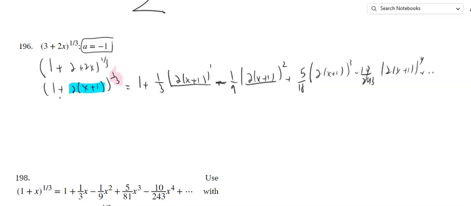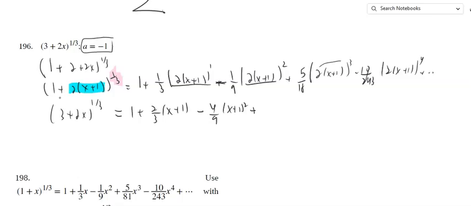And I would simply say, look, 3 plus 2x raised to the 1/3 is going to be 1 plus 2/3 x plus 1 minus 4/9 x plus 1 squared plus that is 2, that's 8 divided by 2, that's a 9, there's a 4, that's 20, let me see.